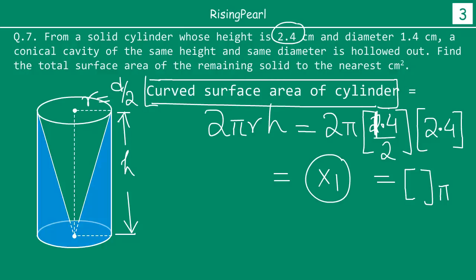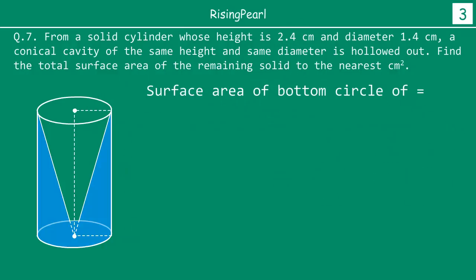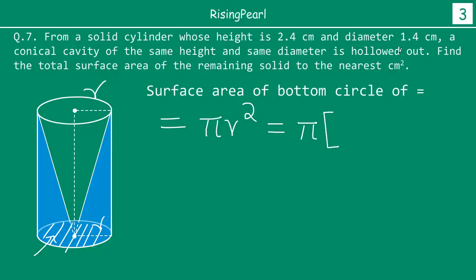This is our first component. We know that we have 3 components. Now let's move on to the second component, which is the surface area of the circular base. So if this radius is r, this is also r. So the surface area of any circle with radius r is pi r square. So let's say this value is x2.